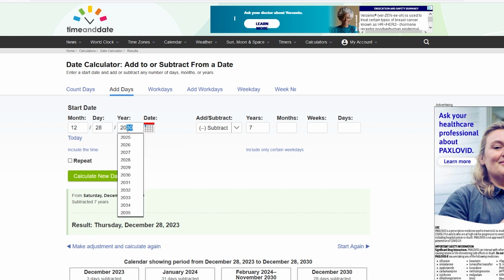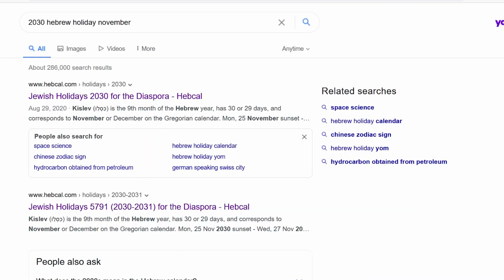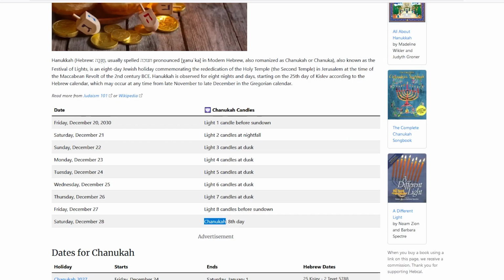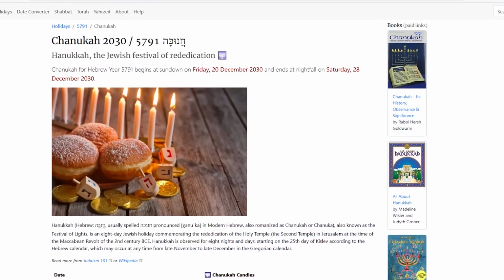But then you're like, why did you pick that date? Well, go right here. Look, this is December 2030, Saturday, 28th. It's a festival. Hanukkah, the Jewish festival, rededication. Chanukah, 5791, the Hebrew calendar date.